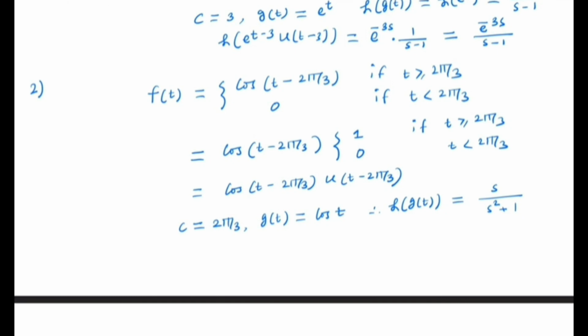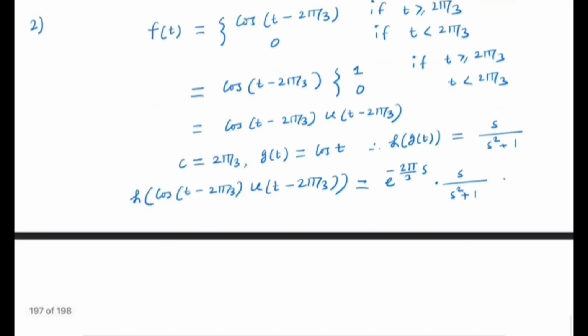So the Laplace transformation of cos of t minus 2 pi by 3 times u of t minus 2 pi by 3 is e power minus 2 pi by 3 s into the Laplace transformation of cos t, which is s by s square plus 1.